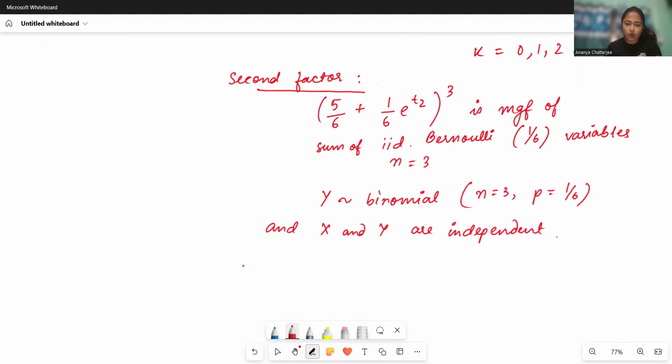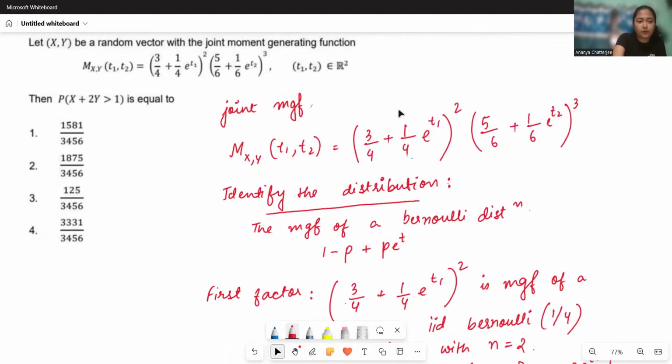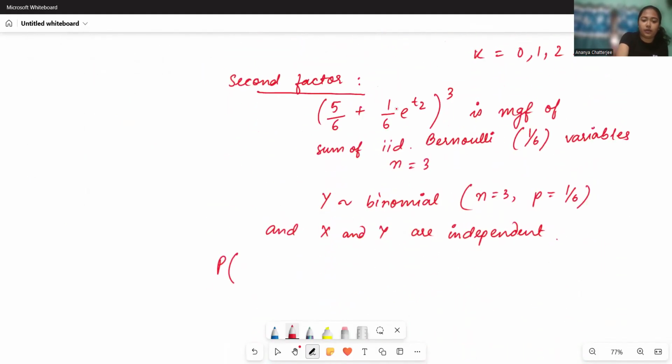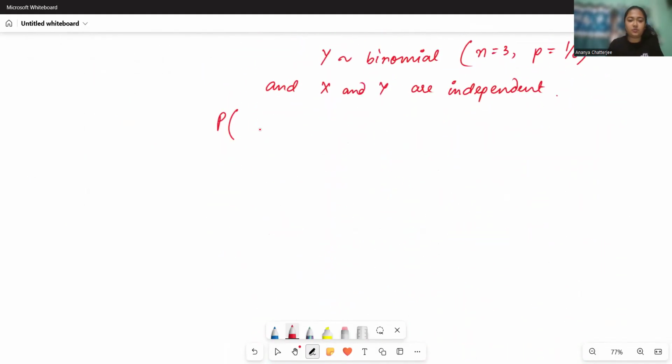So here what we want is to find the probability that X plus 2Y is greater than 1. Okay. We have to find this.